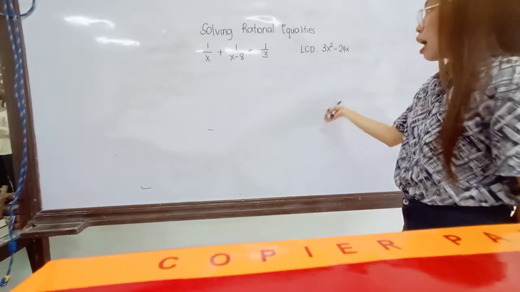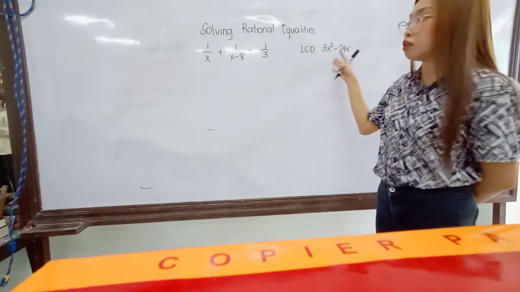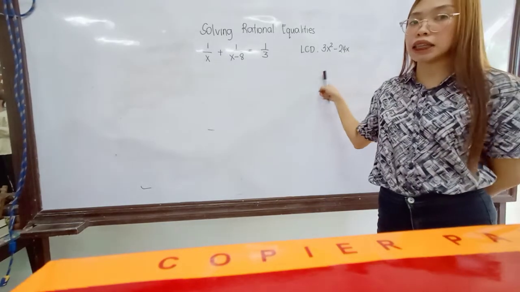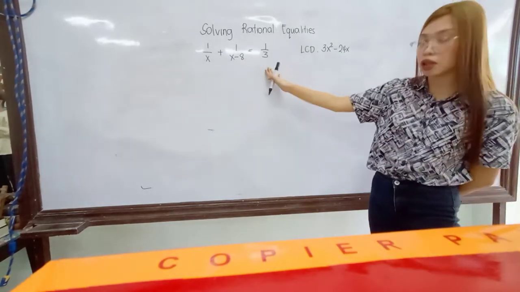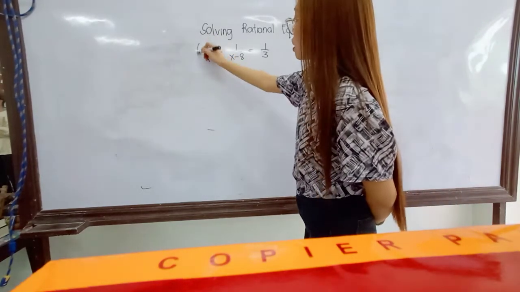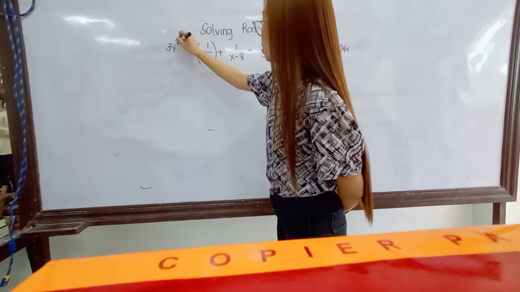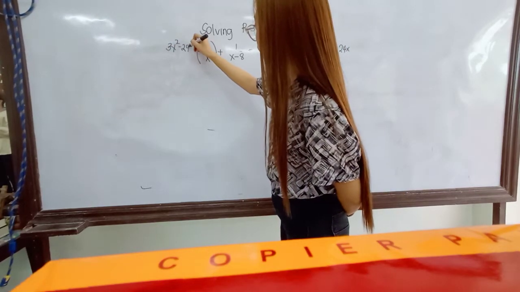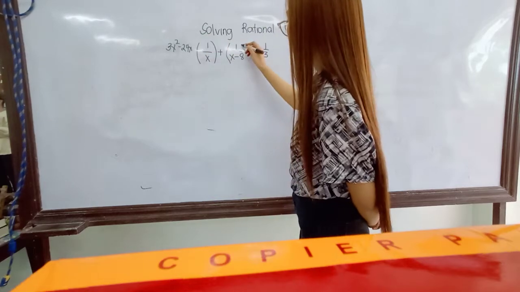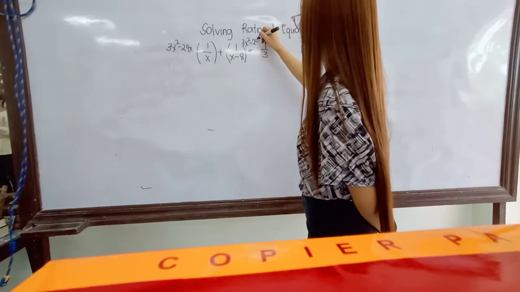Okay? Now, after getting the LCD, all we have to do is to multiply the LCD on each term. So it will be like this. 3x squared minus 24x, and then the same with this, times 3x squared minus 24x.